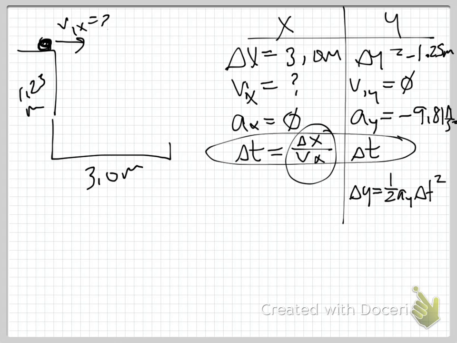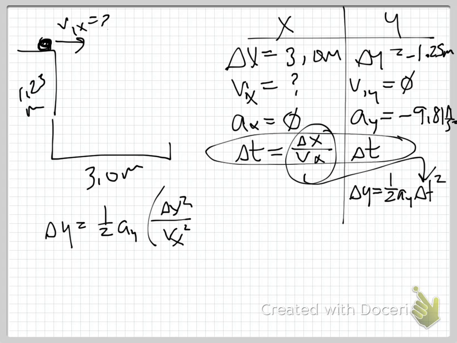Okay, so we can go ahead and insert that, and now we start to solve for our v sub x. Delta y equals 1/2 a on the y, delta x squared over Vx squared, and I am solving for this, which is particularly thorny.